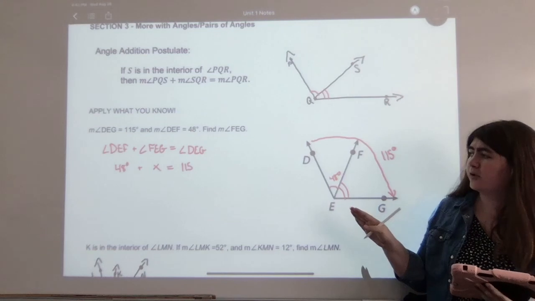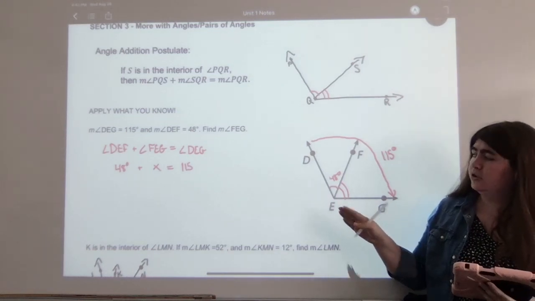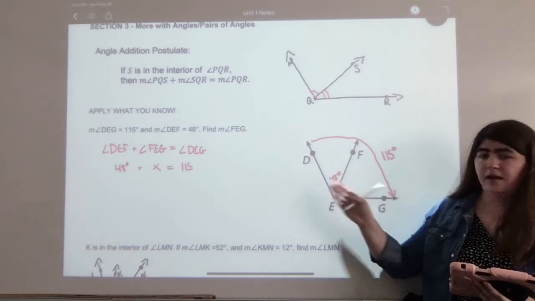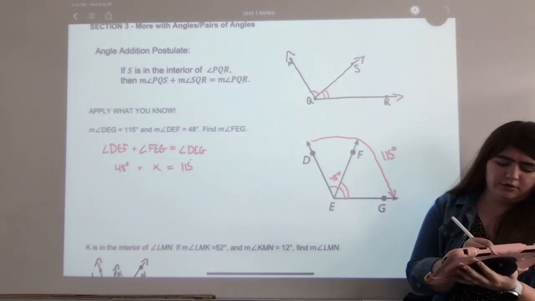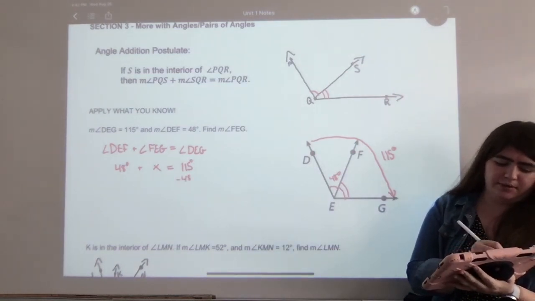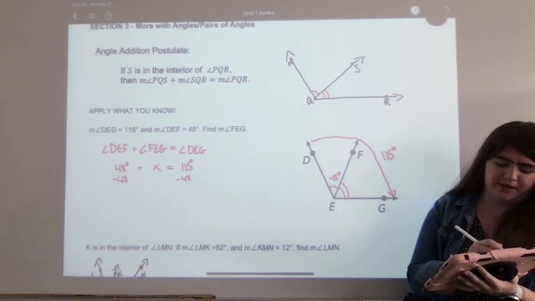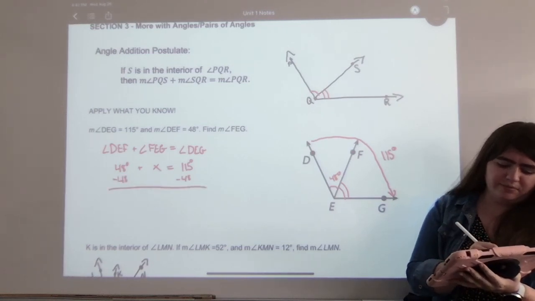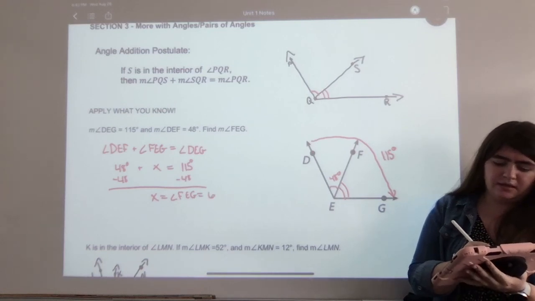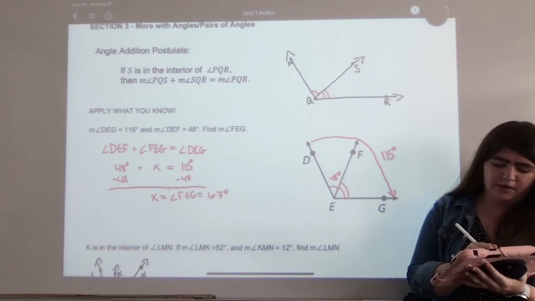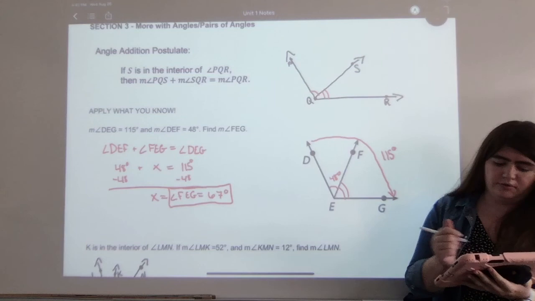Now what you might have already noticed, you can just say, as we're going to do in our algebra here, that if we do 115 degrees minus 48, because we're subtracting 48 on both sides, then that leaves me with X, which is equal to angle FEG, which is equal to 67 degrees. And this is our solution right there.